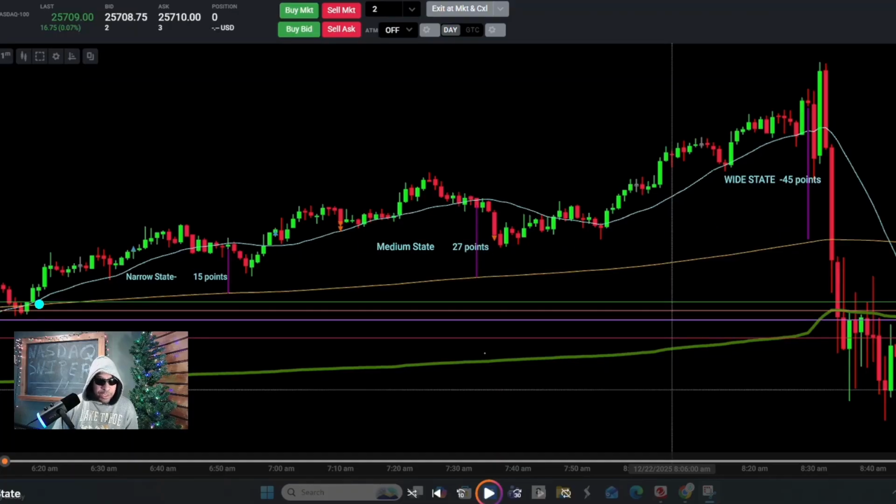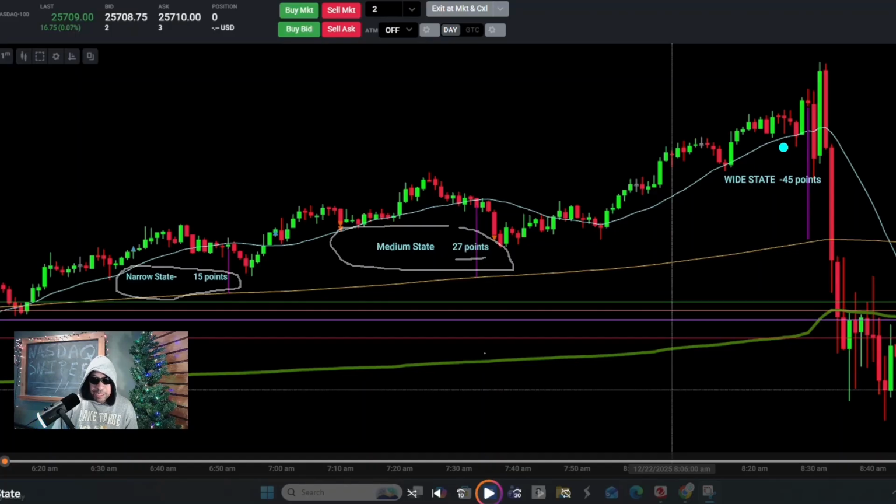And you could see the 20 SMA right here, and it is in a narrow state at about 6:15 a.m. And so I'm going to compare where I'm at in open to what I'm seeing right here at around 6:30, and then around 7:30 we're in a medium state. It's about 27 points, right?